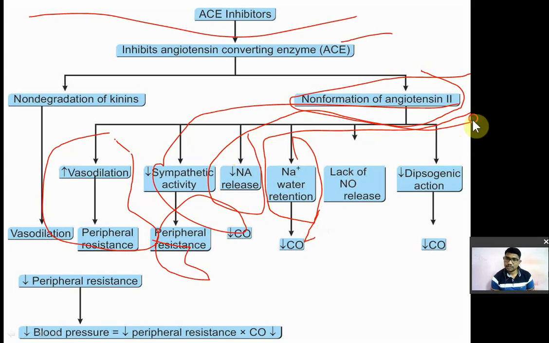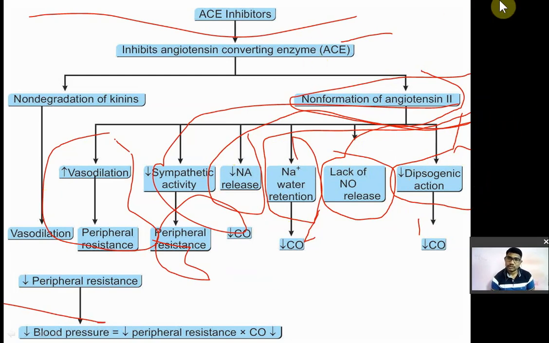It also decreases the hypertrophic action, decreases the cardiac output and the peripheral resistance, and decreases the blood pressure. That's how ACE inhibitors act, by preventing the formation of angiotensin second.